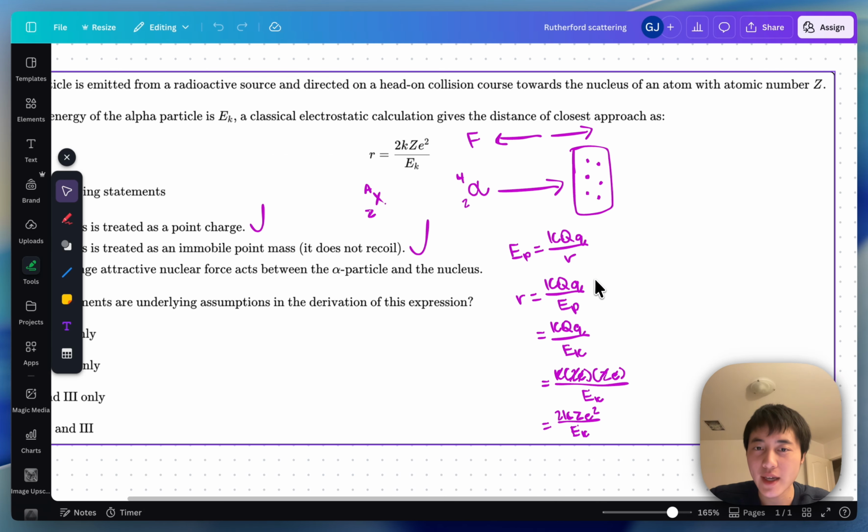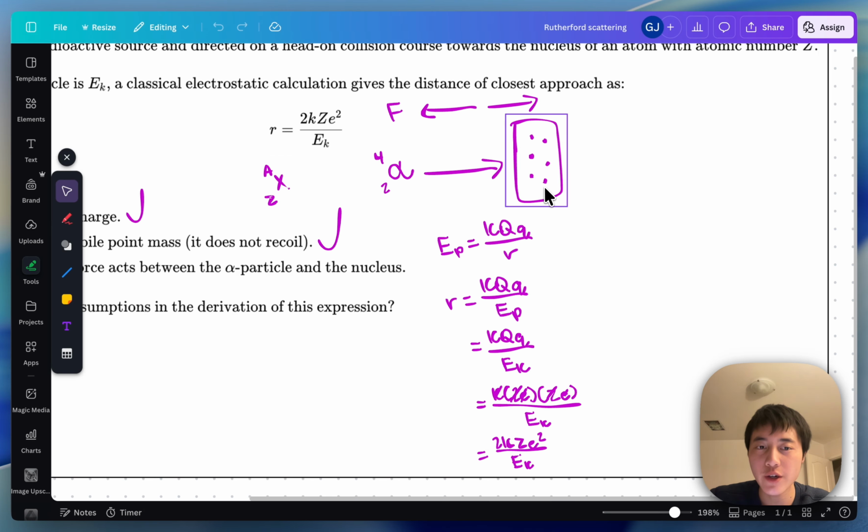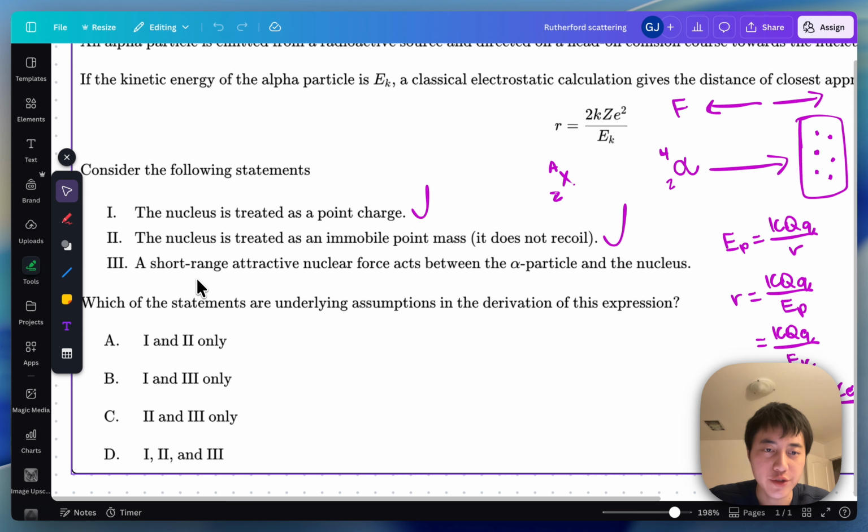When it's really high, the alpha particle gets really, really close to the foil, and the reason why the protons in the nucleus are not exploding, even though all the protons repel each other, is because of the strong nuclear force, the short range attractive nuclear force.